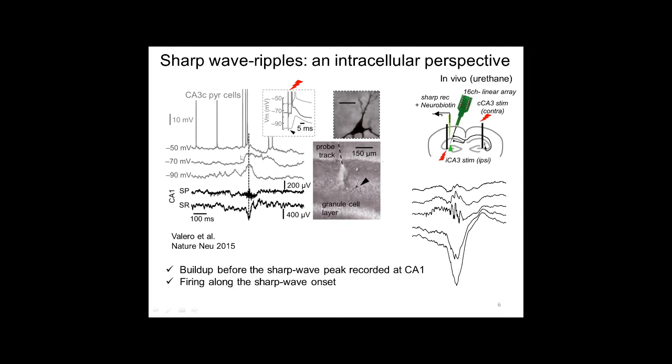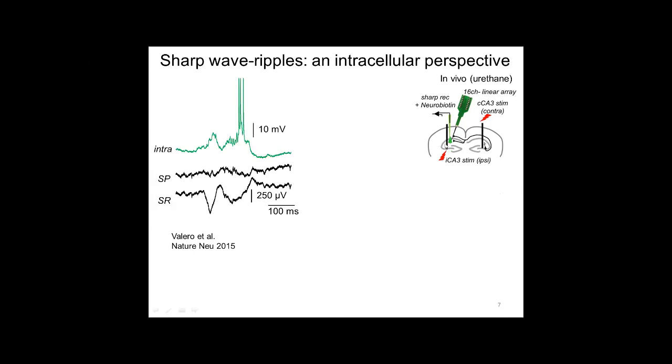And this firing across the build-up suggests that along this trisynaptic circuit, these CA3 cells are projecting the firing toward the CA1. So based on the Schaffer collaterals we were discussing before, you expect that CA1 cells are basically depolarized, and you see them firing during the sharp wave ripples.